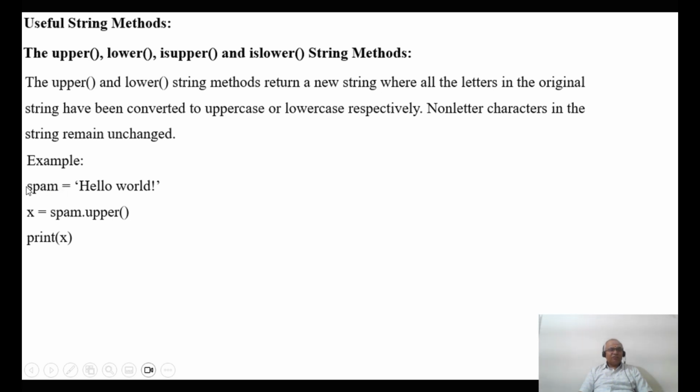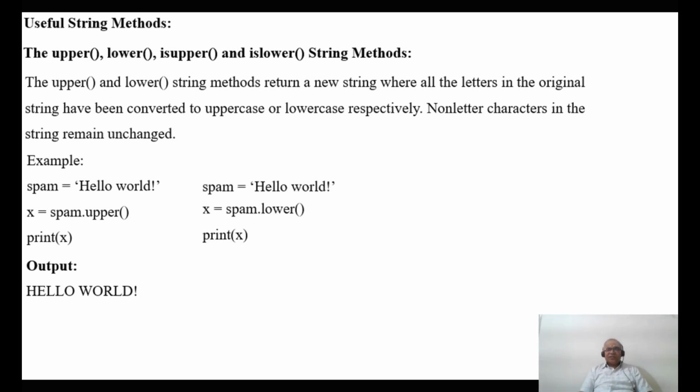What is the value of this spam? The value of this spam is 'Hello world!' with an exclamation mark. So I want to convert whatever value is there in the spam variable into uppercase. So print this variable x, which will be all in capital letters.